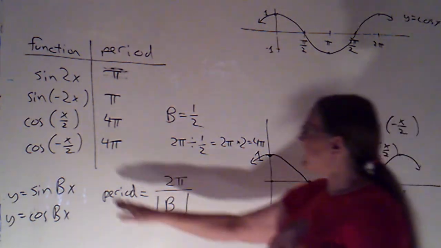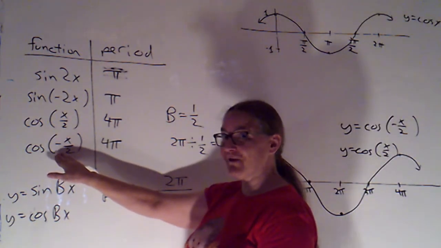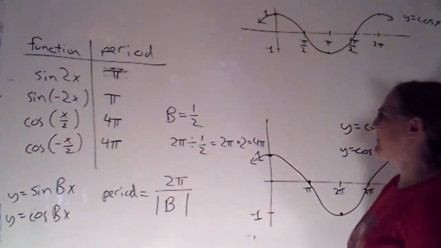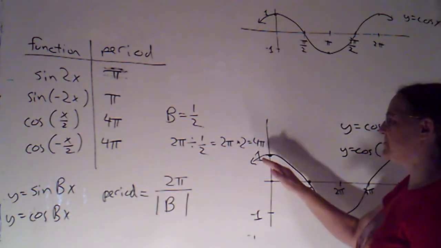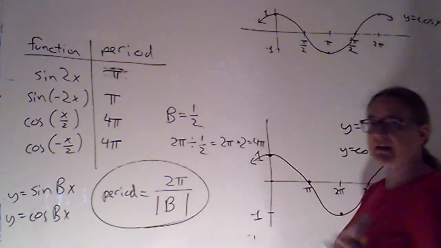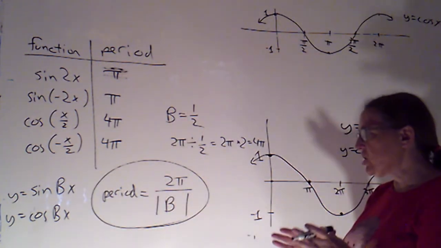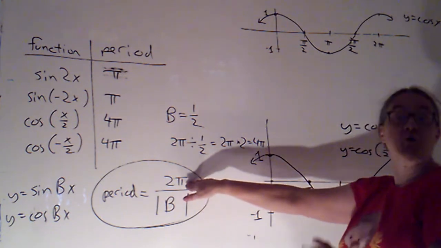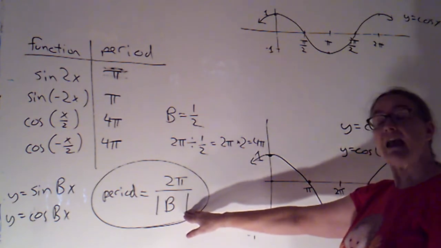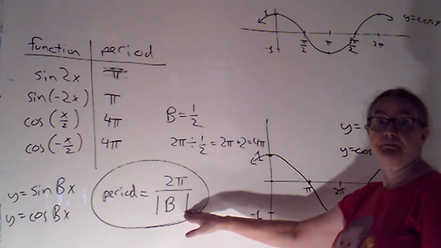Here, we were multiplying by negative 1/2, but the absolute value of that is 1/2. 2 pi divided by 1/2 is 2 pi times 2 is 4 pi. So whatever number you're multiplying x by, the period is going to be the usual period for sine or cosine, which is 2 pi, divided by the absolute value of that number.